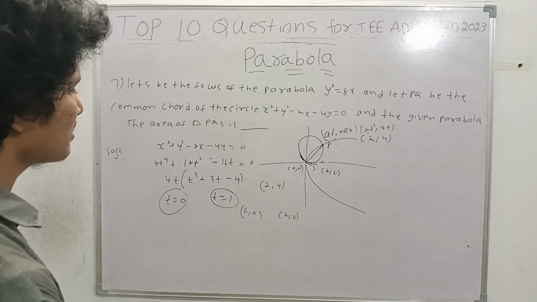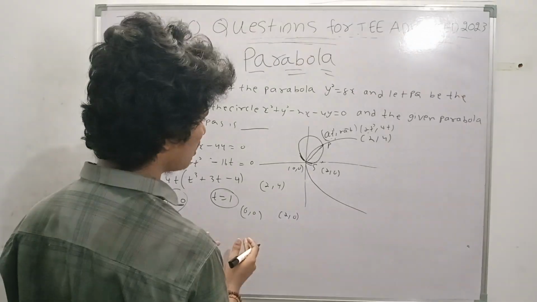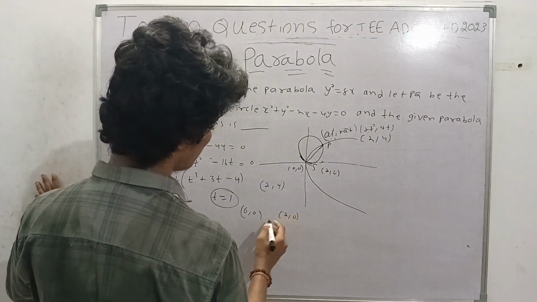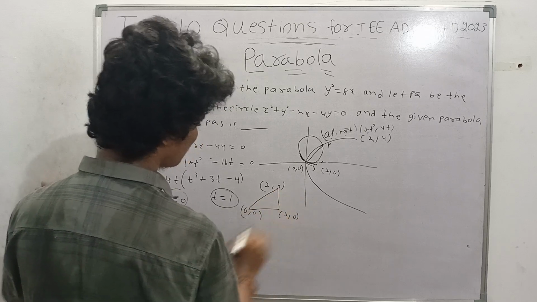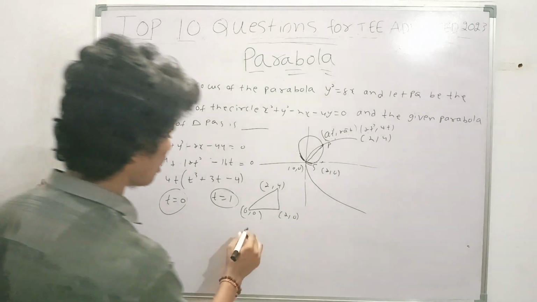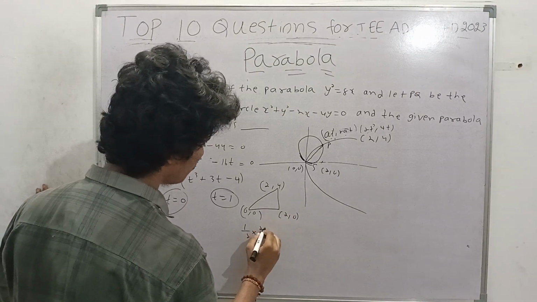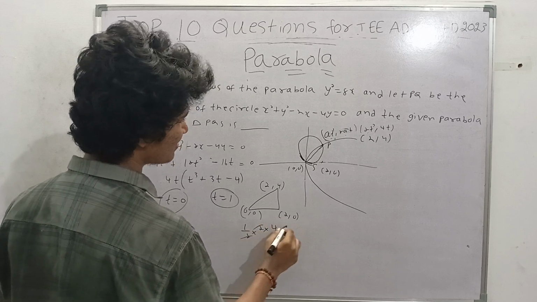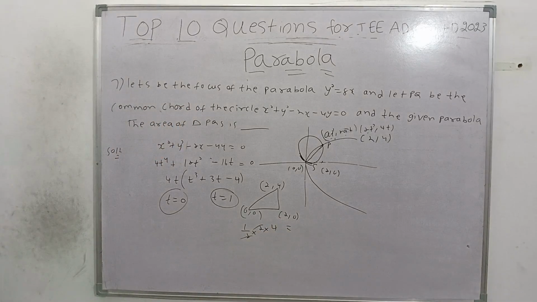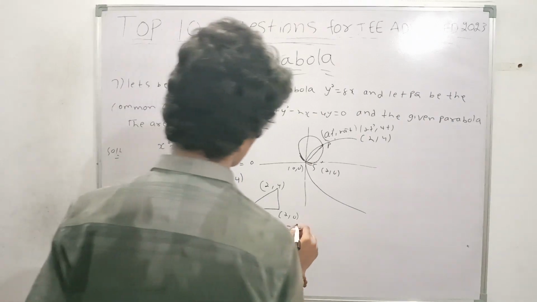This is what we have to focus on now. If you observe carefully, it is a right angle triangle. So half into base 2, height 4 units, 2 will get cancelled. And what is the area? The area is 4 units.